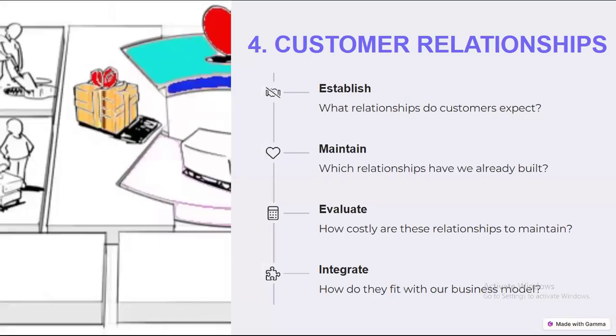customer segments. The fourth element is the customer relationships, right? You need to establish relationships with your customers. So what kind of relationships do your customers expect? Not what is available, but what do they expect? How do your customers expect you to reach out to them?